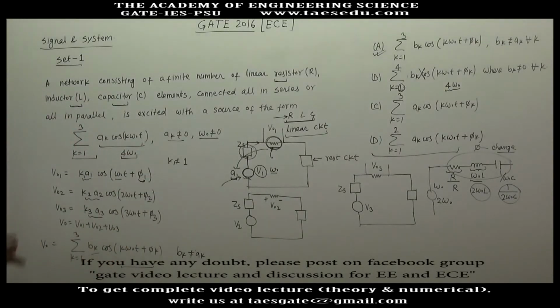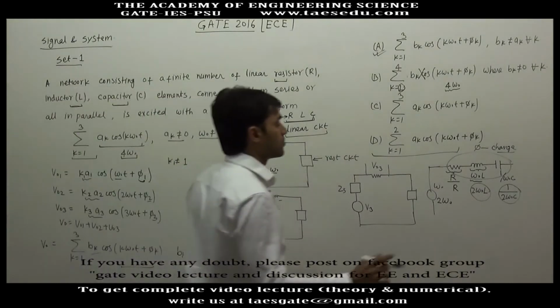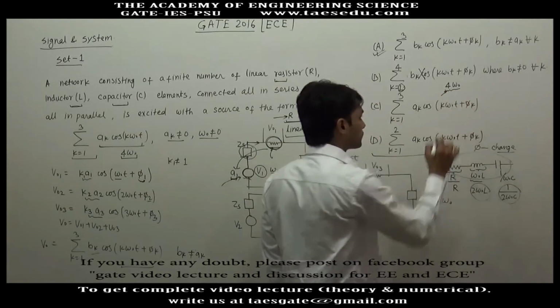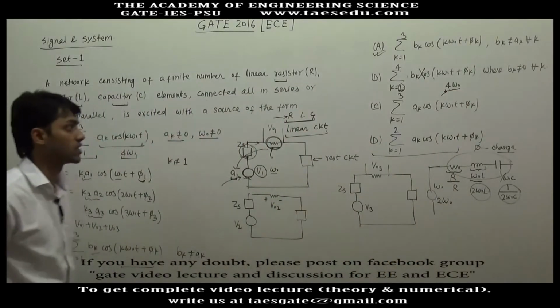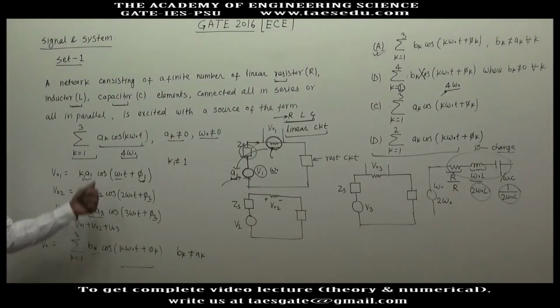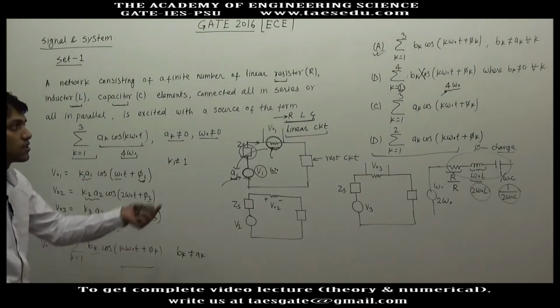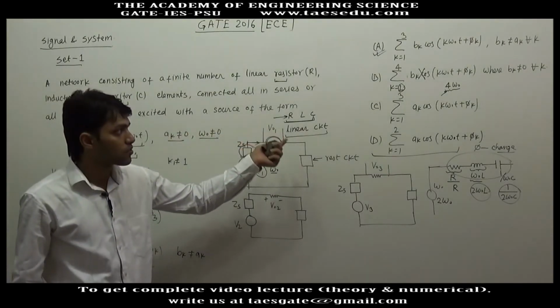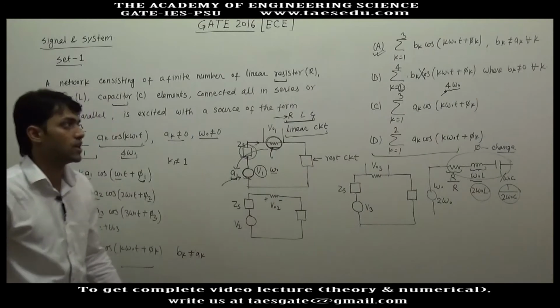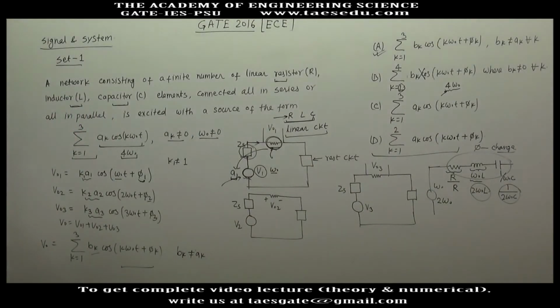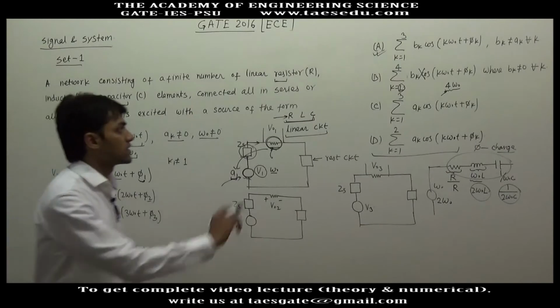And as long as the circuit is linear, the frequency of output cannot be different from the frequency of input. If input has 3 frequency components, the output will have the corresponding 3 frequency components only. If the circuit is non-linear, then the output may have some harmonics, but here we have the case of a linear circuit. So this is wrong.